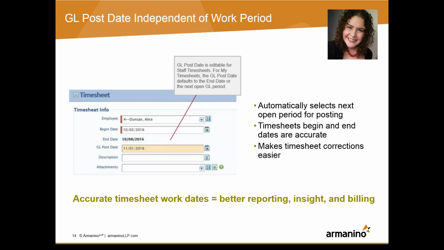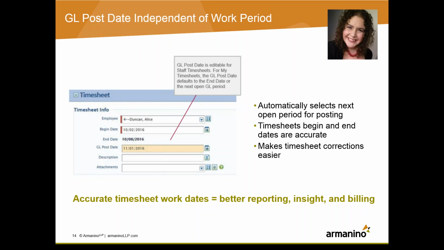So the next update to projects in this release is an update to the general ledger post date. What this means is it automatically selects the next open period for posting. This will help if you have a timesheet that spans a month-end period and you want to make sure it goes into the following period; now it is automatically going to select the open period for that.